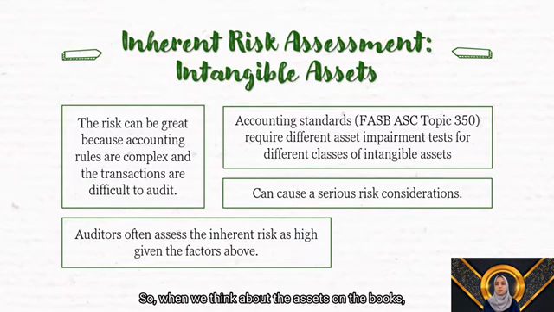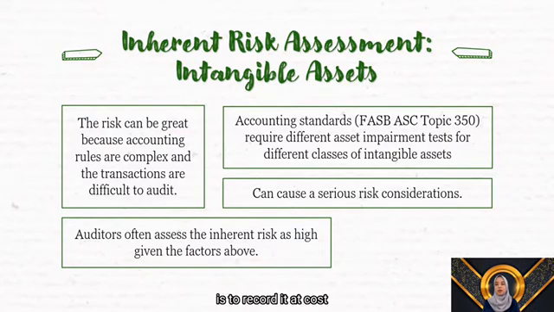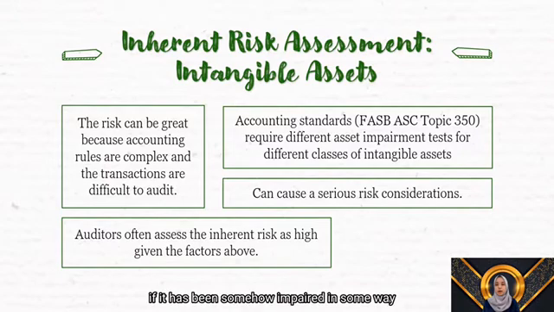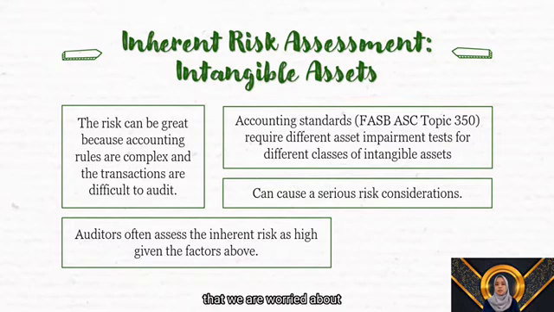So when we think about the asset on the book, keep in mind that what we want to do from a regulatory standpoint is to record it at cost or mark it down if it has been somehow impaired in some way or possibly depreciate. If we talk about something like PPE, the impairment that we are worried about is something being recorded on the book as an asset and being overstated.